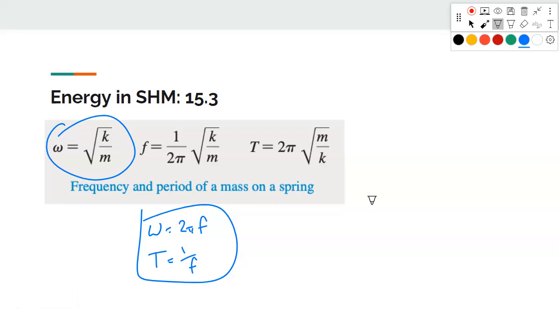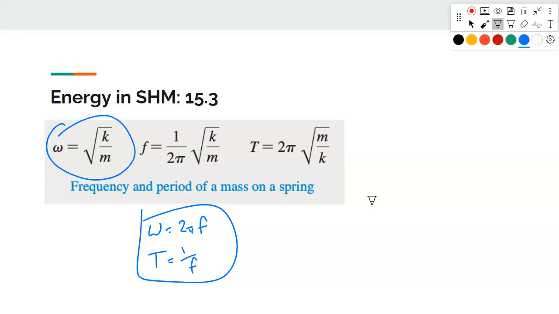When you're given problems in the future, the examples we had yesterday would tell you something like the mass oscillates 15 times in 10 seconds, right? And that let us get the period and the frequency, and then we could get the angular frequency as well. But in the future, you may be given problems where they just say, here's a 100-gram mass on a spring with a spring constant of 50 newtons per meter, calculate the frequency or the period.